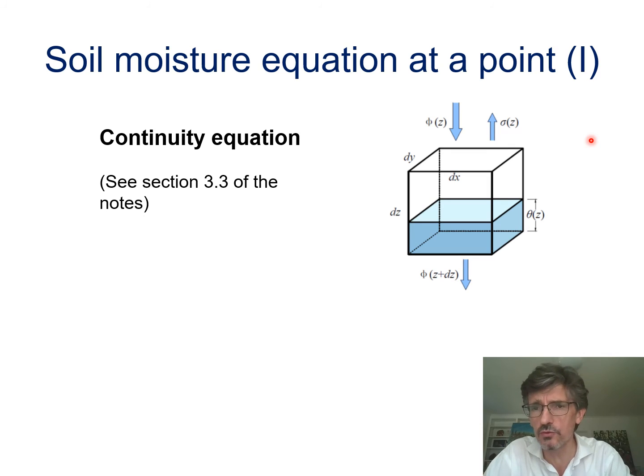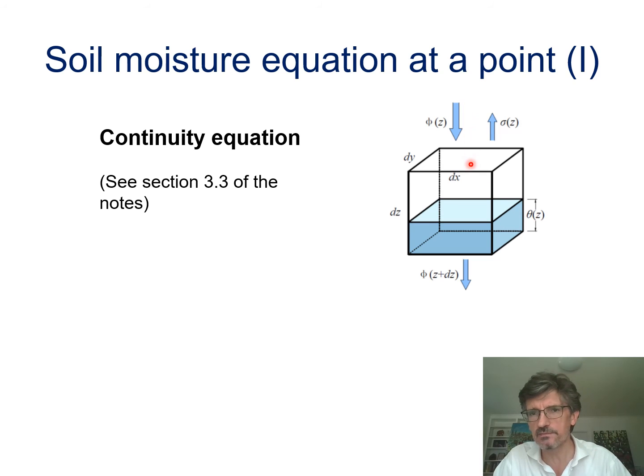So the first thing to do is to consider an infinitesimal control volume, as often in fluid mechanics. The control volume is partly saturated, so there is a volumetric water content theta, which is representative of this level Z. We will just do a vertical analysis. We'll assume that nothing changes in the X and Y direction, and so we'll consider a one-dimensional equation in the Z direction.